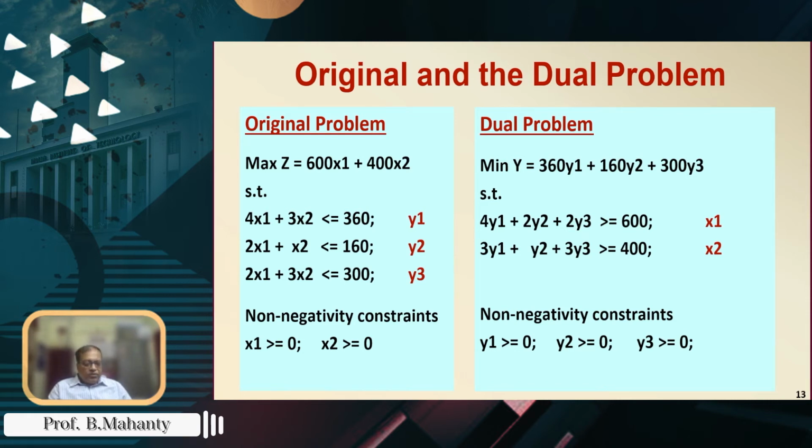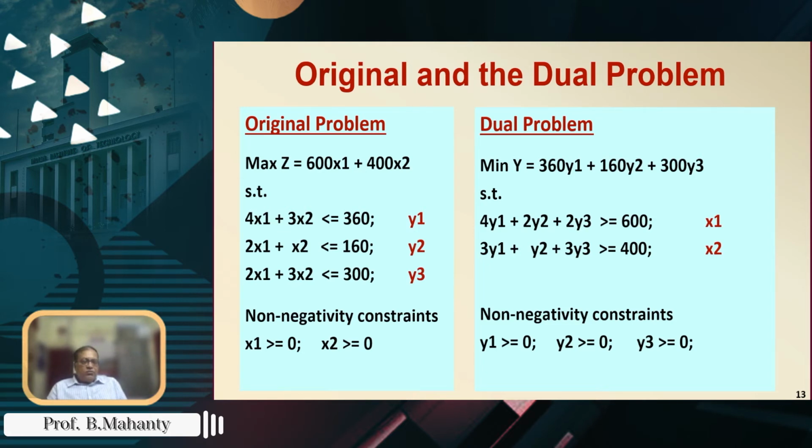Now what should be the constraint type? Look here, this is a minimization problem and the variable y1 has variable type greater than or equal to 0. This is in standard form. So the dual problem, which is now maximization, should also be standard form in the constraint type. So what should be the constraint type?